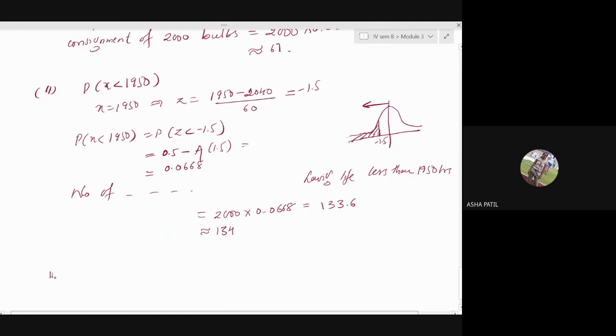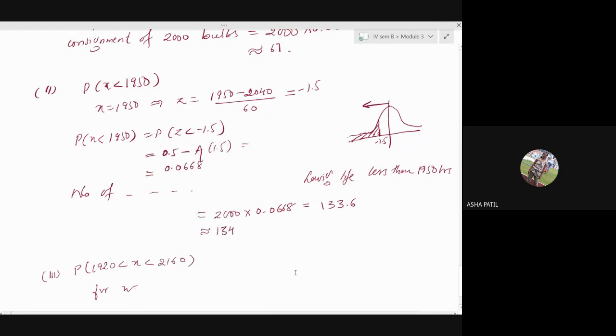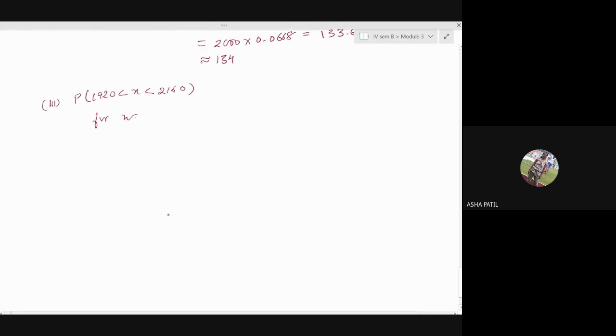One more question. Between 1920 and 2160, probability that X lies between 1920 and 2160. So for X equal to 1920, check out the value of Z. Minus 2.